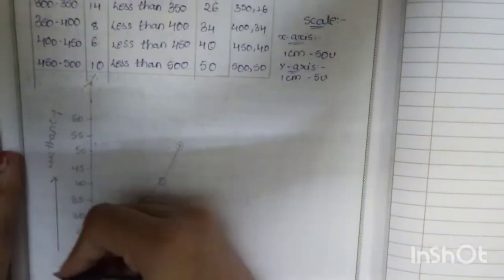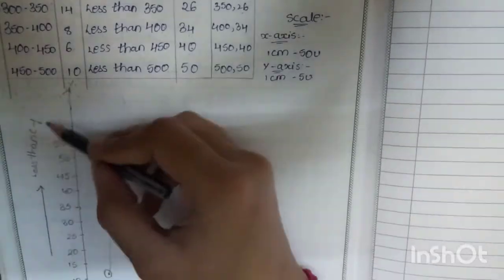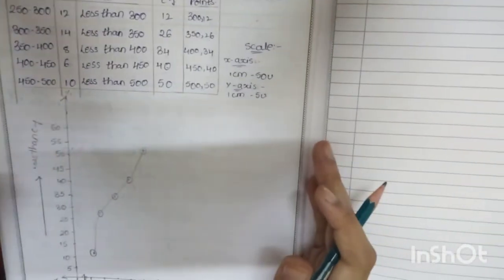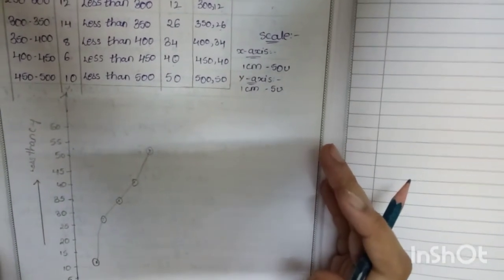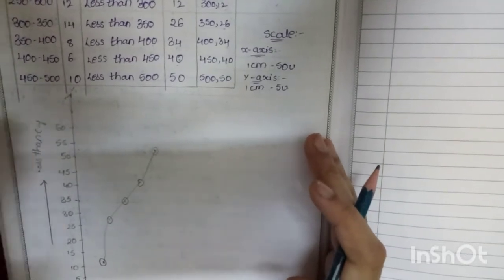Next, on the y-axis, the less than cumulative frequency. We found the less than cumulative frequency, so we will be writing this. So like this you have to remember a few points which are very important, and you will gain marks. Neatness is very important. So in this way friends, you have to draw the ogive curve.